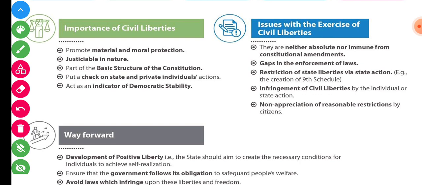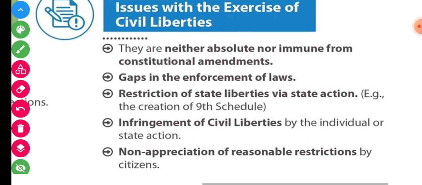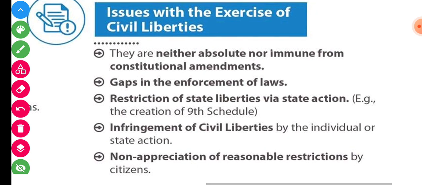And civil liberties put a check on state and private individuals' actions, and act as an indicator of democratic stability. What are the issues related to civil liberties which are exercised on the ground or in public institutions? Civil liberties are neither absolute nor immune from constitutional amendments.